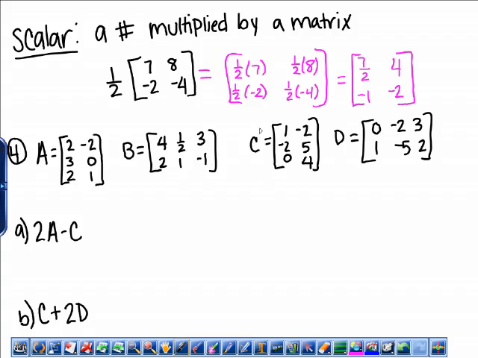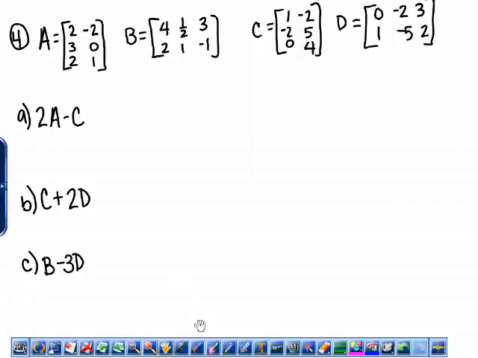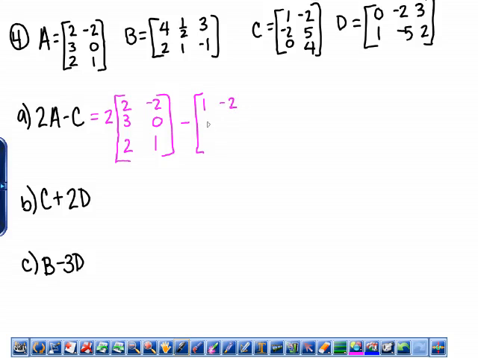All right. So we've got 2A minus C. What are we going to do? Multiply A by 2 and then subtract C. Okay? So we're going to have 2 times matrix A and then we're going to subtract C. What do I need to check to make sure I can keep going?